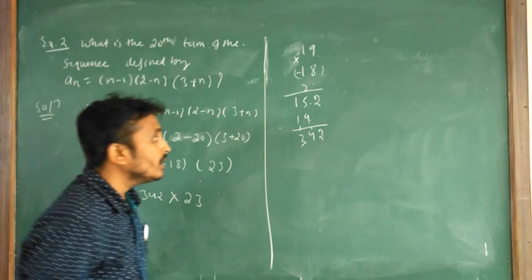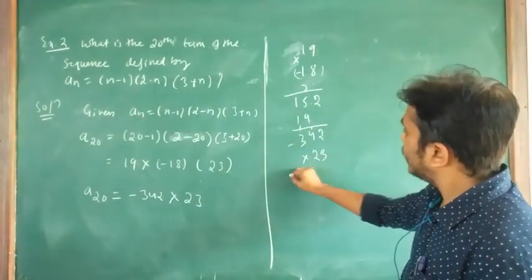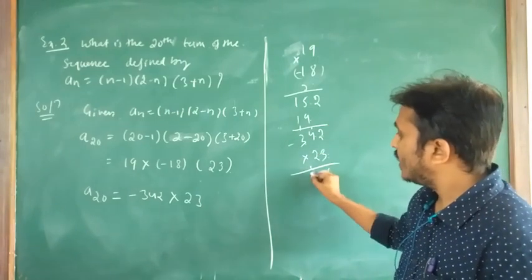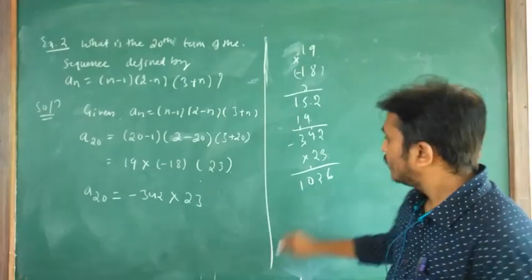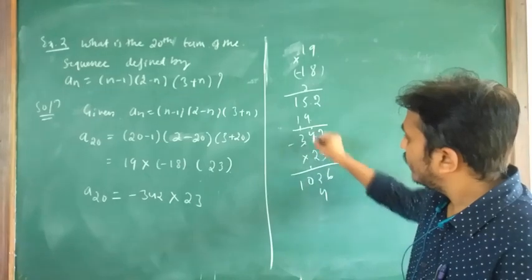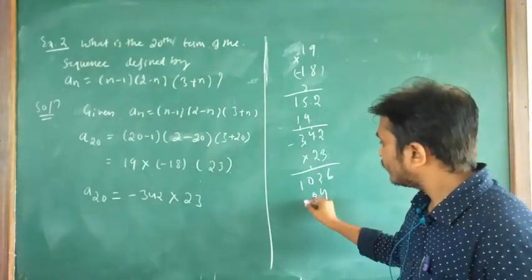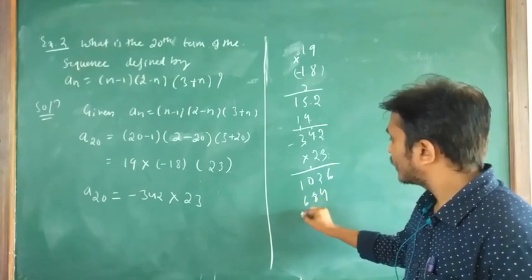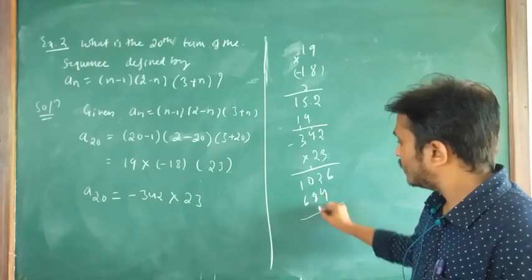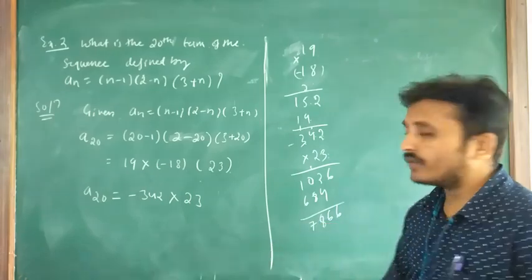Again we have to multiply minus 342 into 23. 3 twos are 6, 3 fours are 12, 3 threes are 9 plus 1 is 10. Then 2 twos are 4, 2 fours are 8, 2 threes are 6. Adding gives 7866.